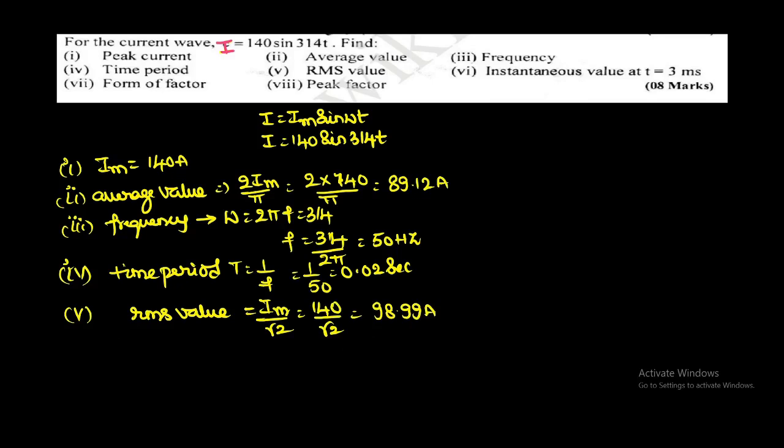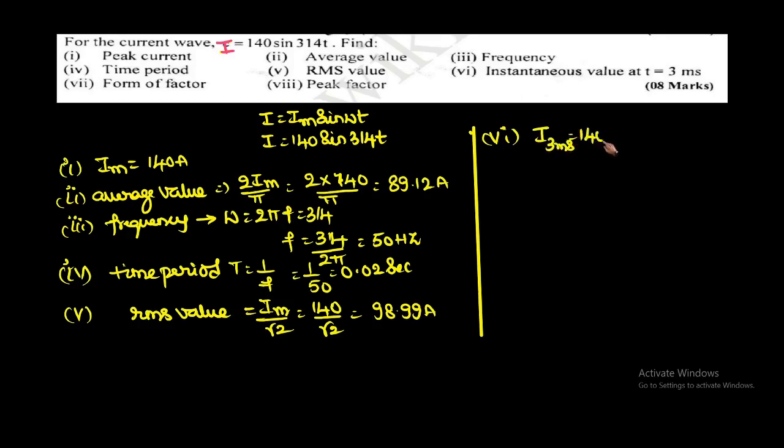Let us continue. So next, the RMS value we got. Next thing is sixth question. What is the sixth question? Instantaneous value at t is equals to 3 milliseconds. So we can write I at 3 milliseconds.